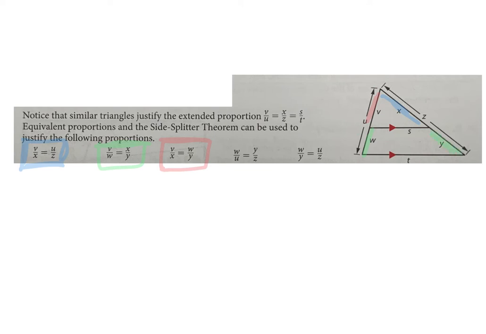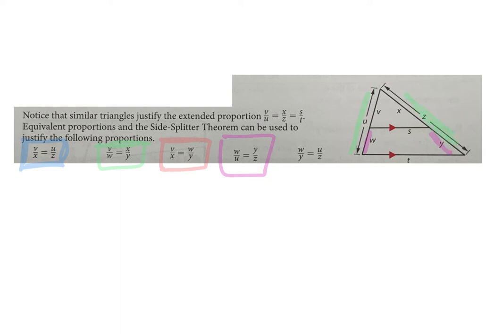They have V over X, W over Y. If you look at the next one, W to U, so we have this guy right here, W compared to the whole side here, U, and then Y to the whole side, Z.